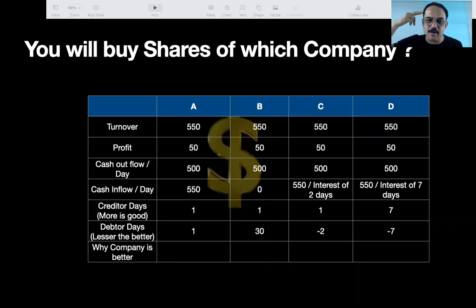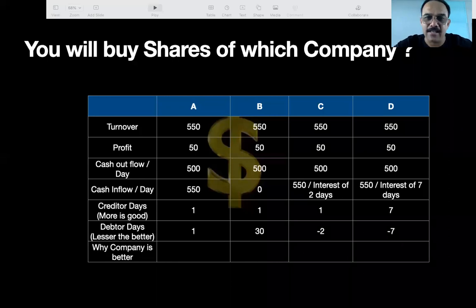Has anyone put a gun to our temple saying, "No, buy the share of this company only"? No. So when you are buying a share, at least see how they are doing in their debtor days as compared to their peer group. Compare sugar with sugar, car with car. If debtor days is too high as compared to peers, they must be struggling. It will be a long time before the stock price starts to go up.